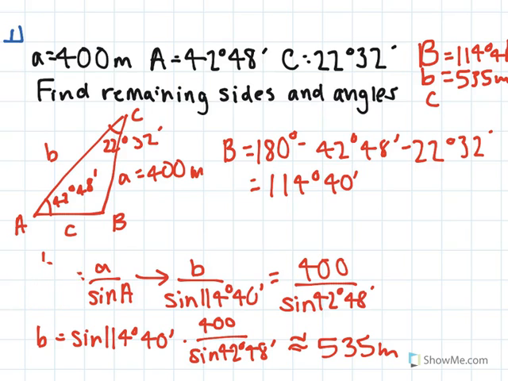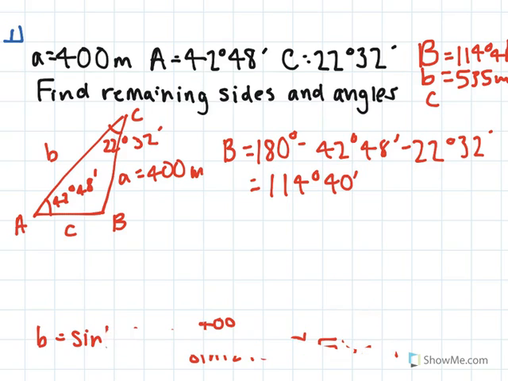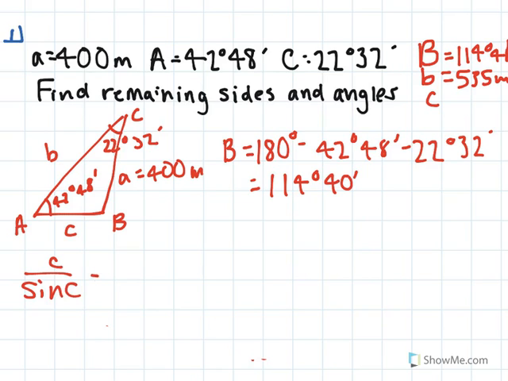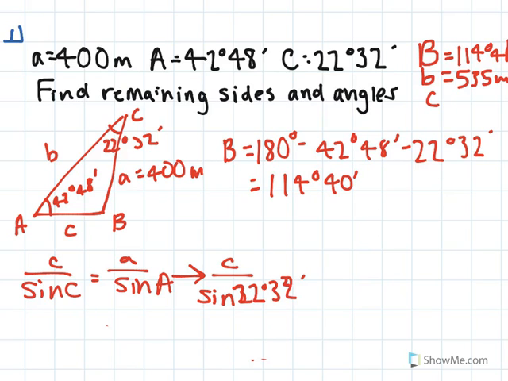We can use the law of sines to solve for side c, and then we'll be done with this problem. We know that c over sine C equals a over sine A. So we plug in what we know: c over sine of 22°32' equals 400 over sine of 42°48'.